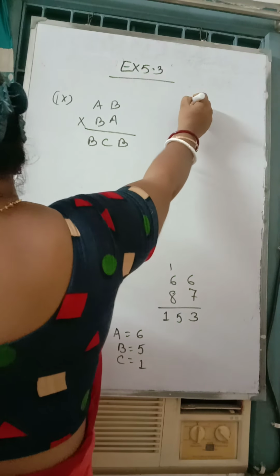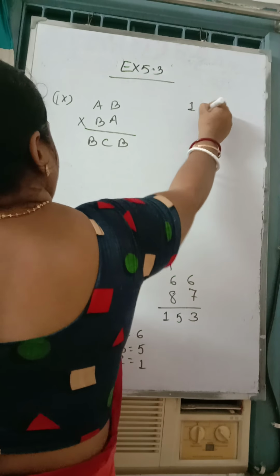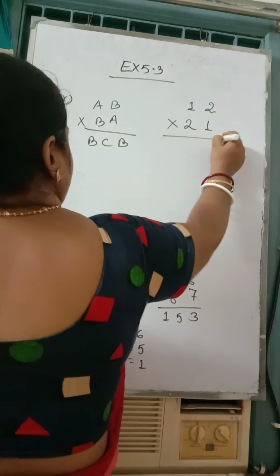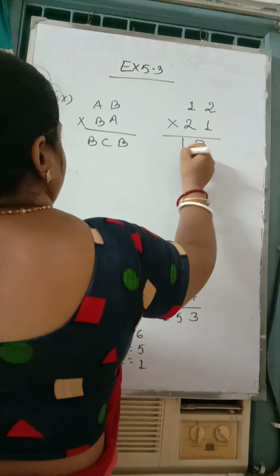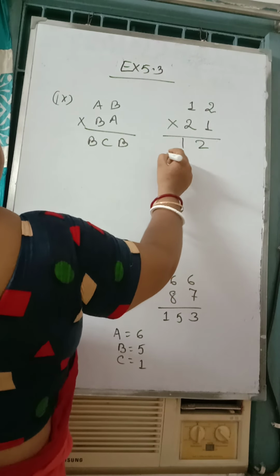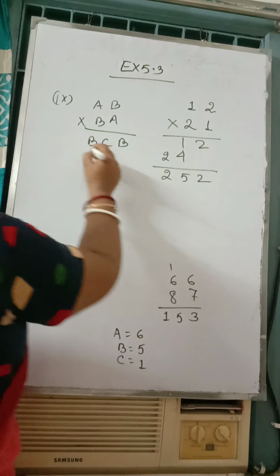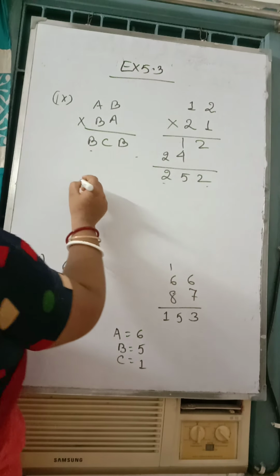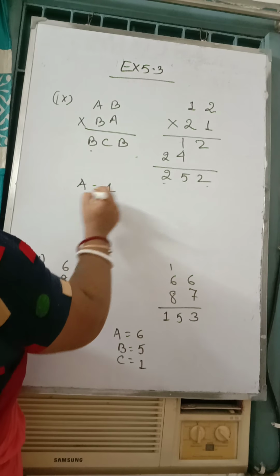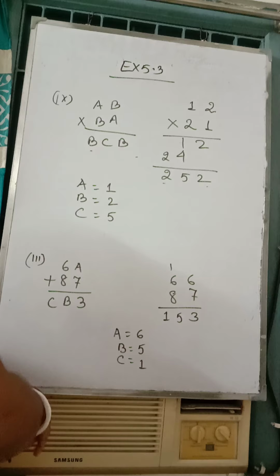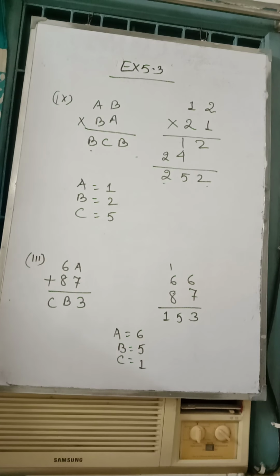If I replace A with 1 and B with 2, so this is 21 and 12, so this is 252. B is 2, getting the same number. So A is equal to 1, B is equal to 2, C is equal to 5. Like that we need to apply.